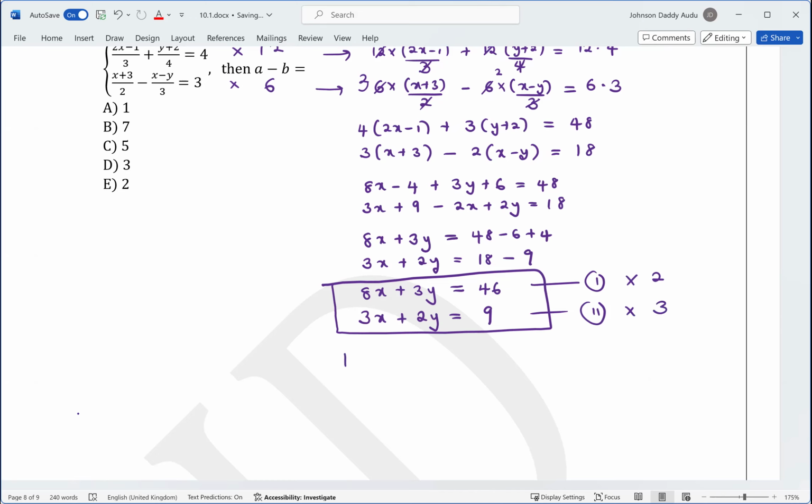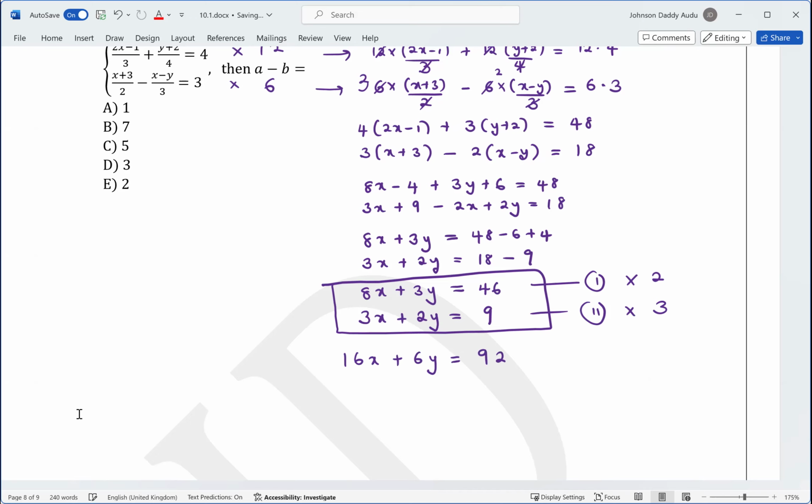So this is going to be 16x plus 6y equals 92.